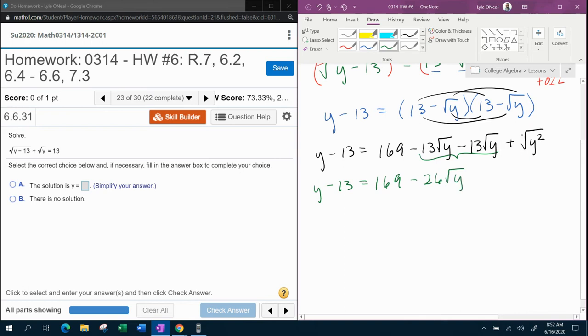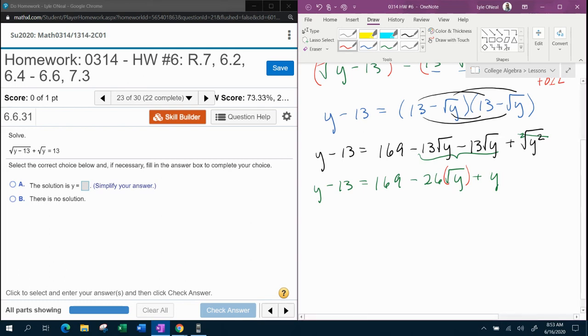And remember, the index on a square root is a 2. So anytime the index and the exponent match here, they're going to cancel, and that's going to leave me just y. The square root of y squared is y. Now, notice that we still have a radical symbol. So we're now going to need to isolate the radical and square both sides again, okay?